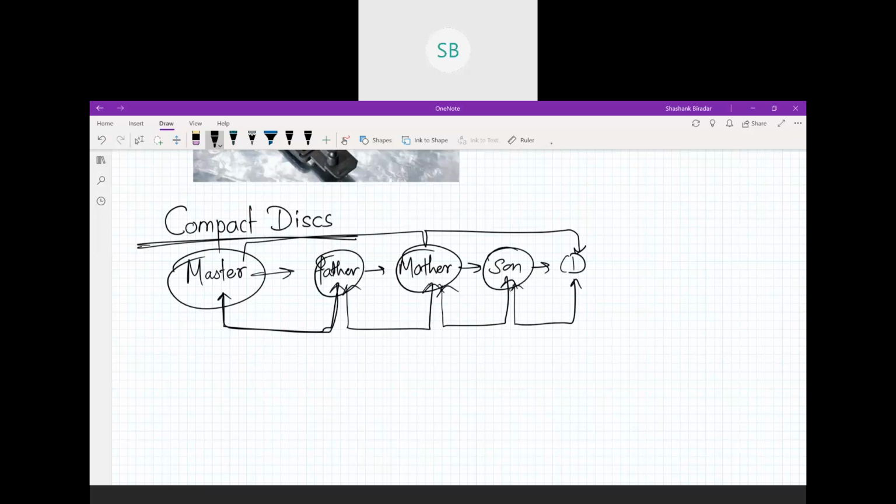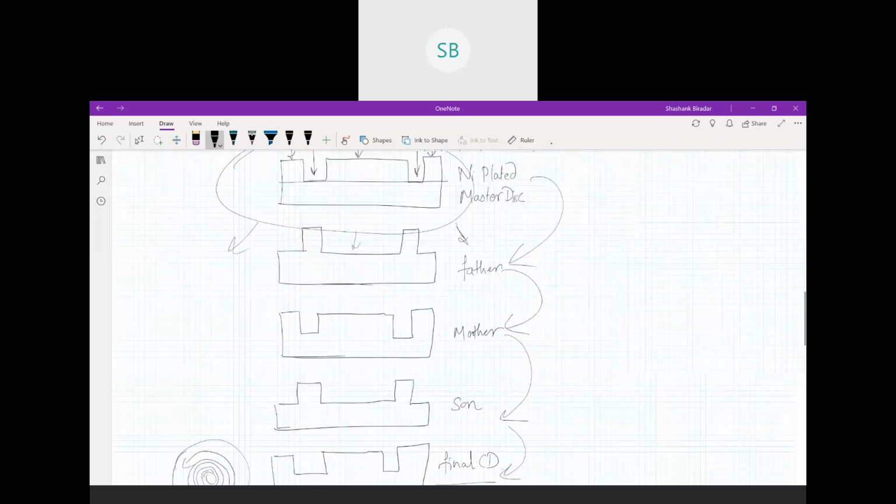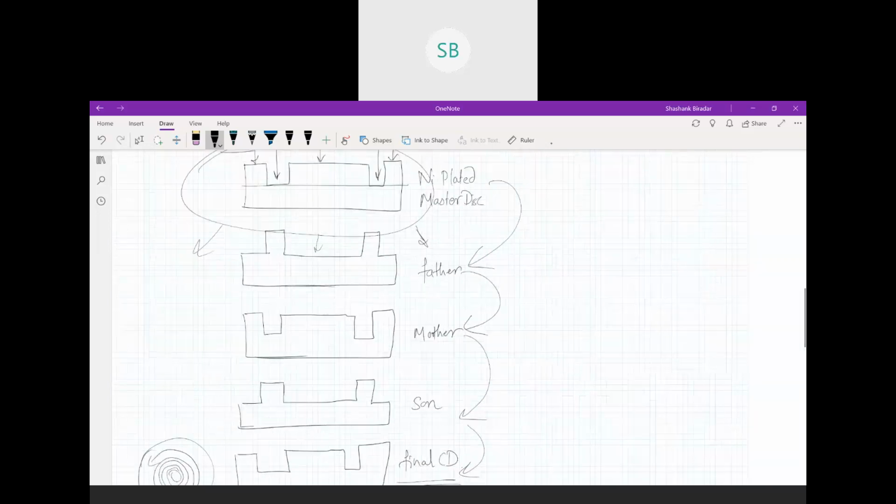This is the preparation, the first initial stage. Then coming to father disk, mother disk, son disk, final CD. Also, what we have seen is the data is written on the disk centrally to the extremities of the disk.